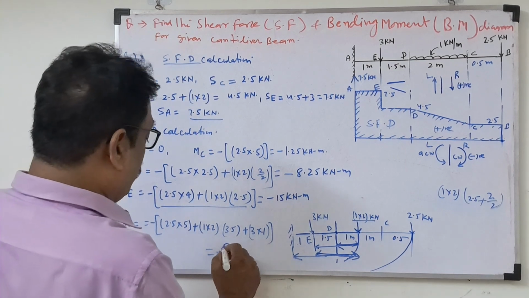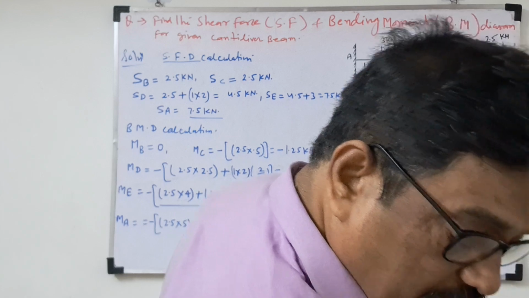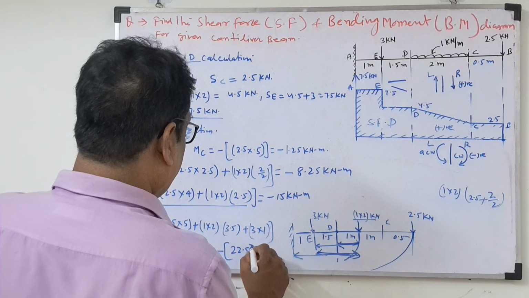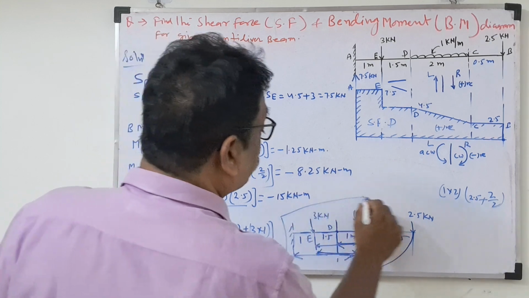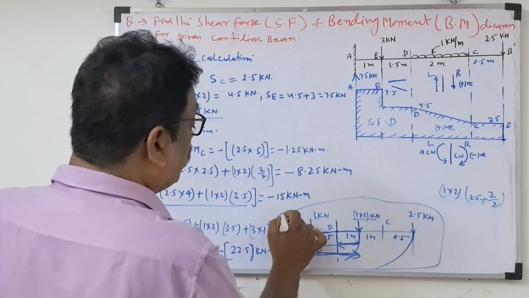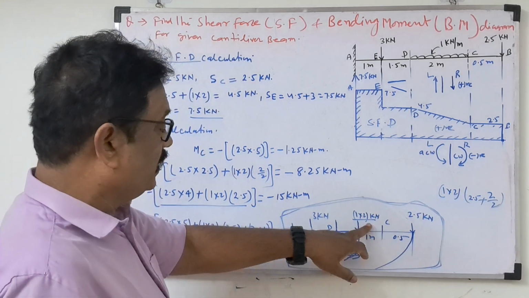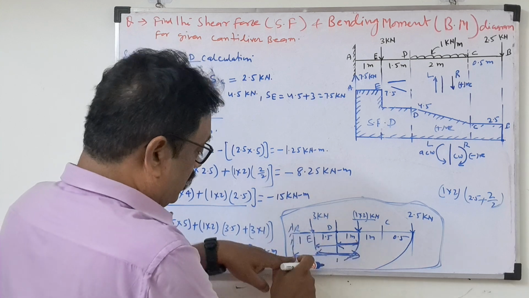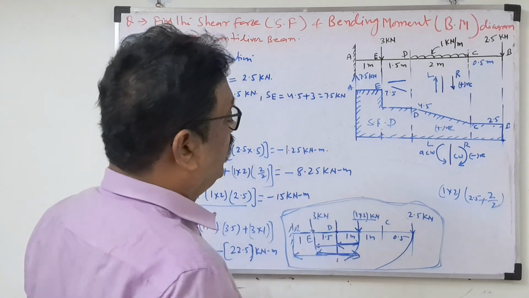So what will be the answer for this? Moment about A, minus 22.5 kilonewton meter. So if you understand this concept, it will be useful to calculate any type of moment. If UDL is there, convert it to a point load; according to point A total distance this, E total distance this, D total distance 1. So like this we can calculate.